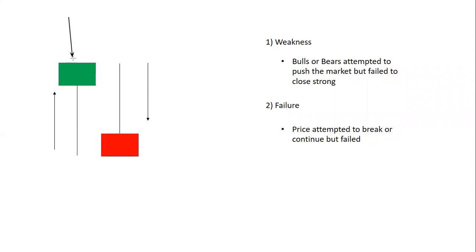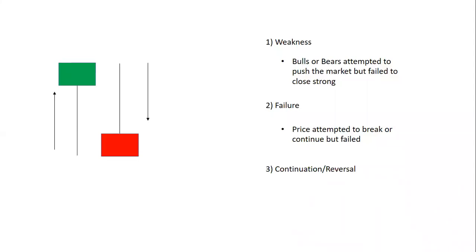Now, that is not actually the case. What you have to do is, like I said, you have to use a combination of these candlesticks for you to get the full information that the market is giving you, right?